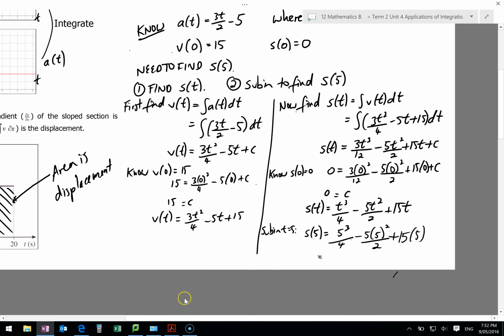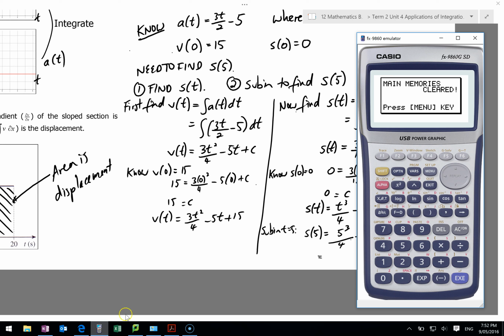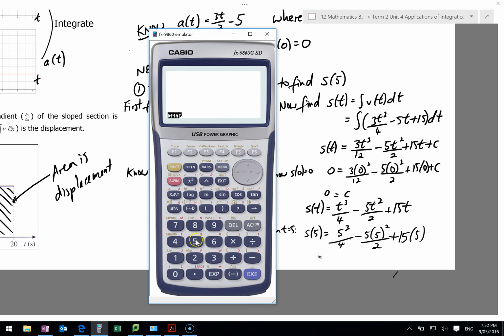Okay, so calculator time from here. 5 cubed on 4, correction, subtract 5 times 5 squared on 2 plus 15 times 5 equals 43.75.